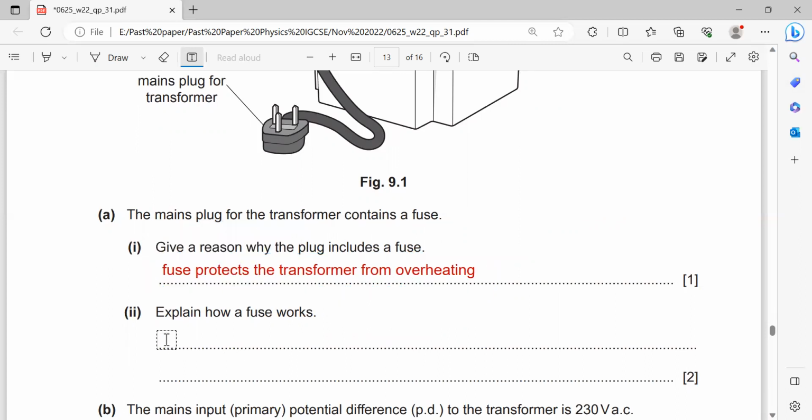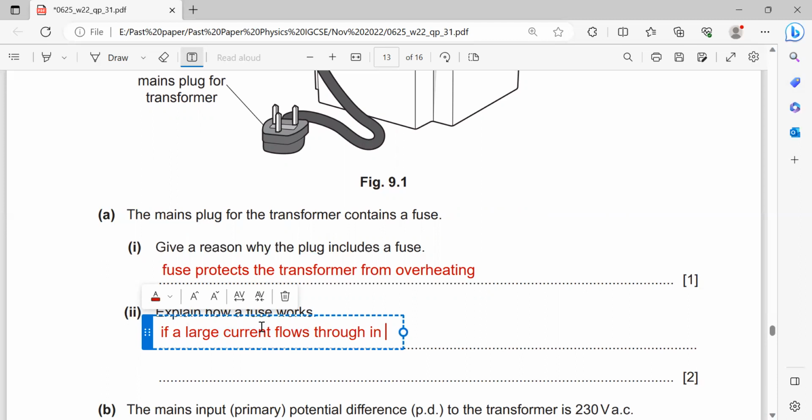Next, explain how a fuse works. If a large electricity current flows through the fuse, it will break.